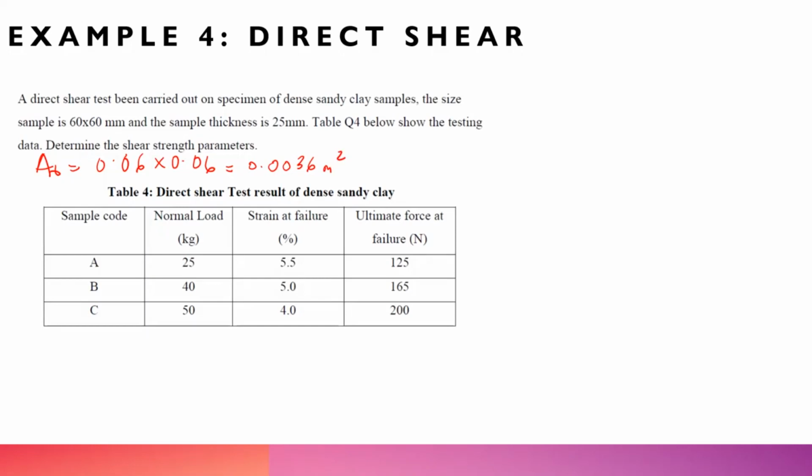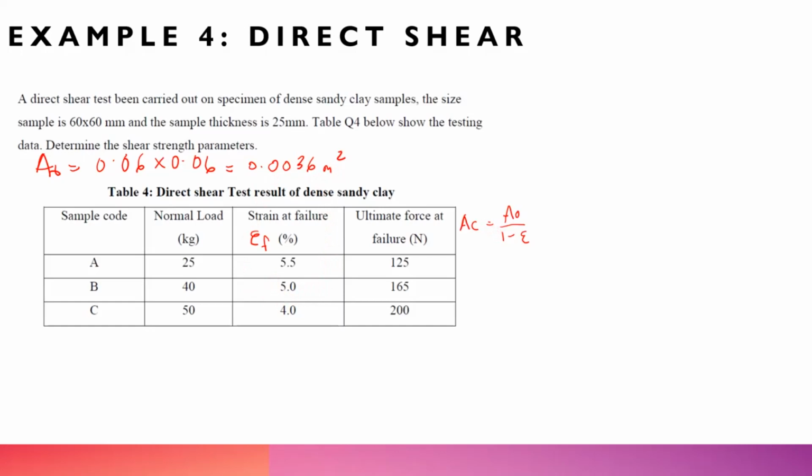And there is information on the strain at failure here. You need to find the change in cross-section area, which is equal to the initial area divided by 1 minus strain. So you need to first convert the value of strain to a decimal. So 5.5 divided by 100 will be 0.055. Then calculate the change of cross-section area subjected to the strain at failure.